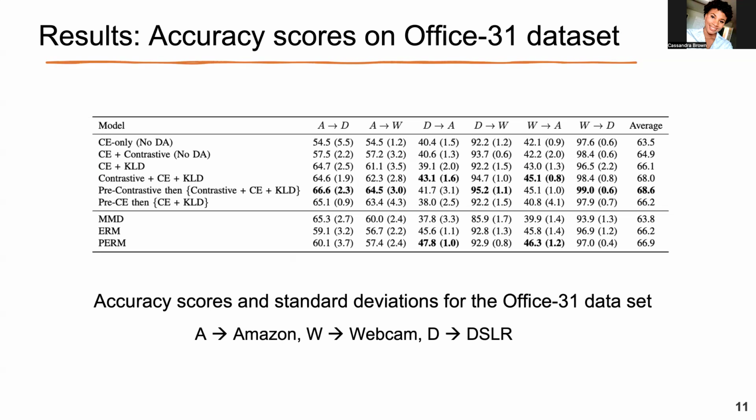And we can see that on average, we have 68.6% accuracy on pre-training, then contrastive and CE and KLD. Even though contrastive CE and KLD showed a good result on the D2A domain, DSLR to Amazon, and webcam to Amazon data, it is mainly because the DSLR domain and the webcam domain do not have enough data, and have very few data, whereas the Amazon domain has a lot of data.